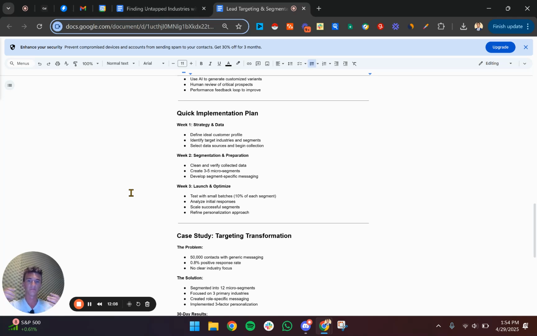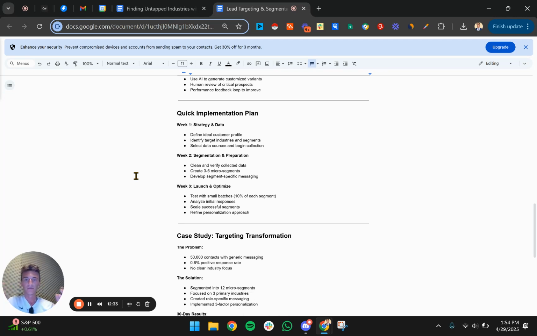After that, you start enriching, you find their details, you start to segment them out into micro segments based on the criteria that are the most valuable for your piece. You develop segment-specific messaging for each of those groups, and then you personalize that specific segment to your specific audience, right? And to that person.